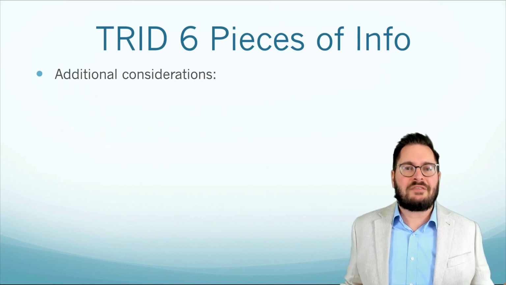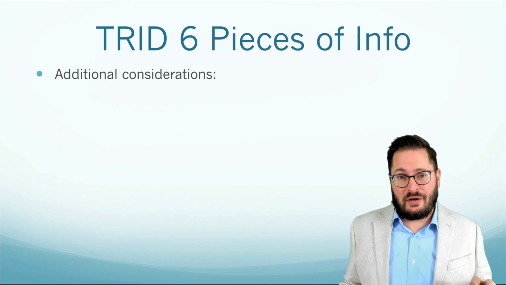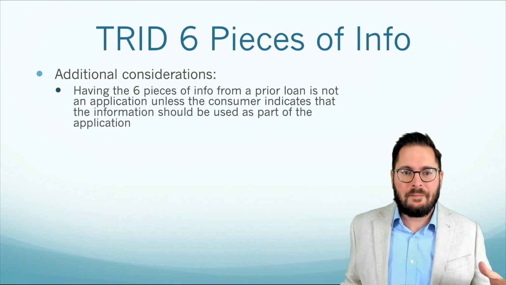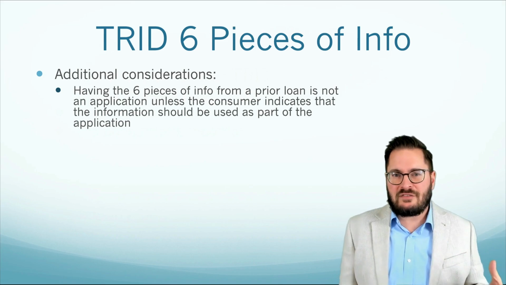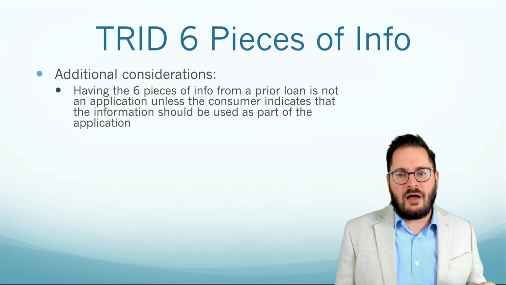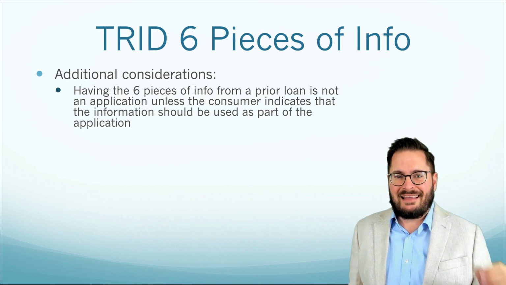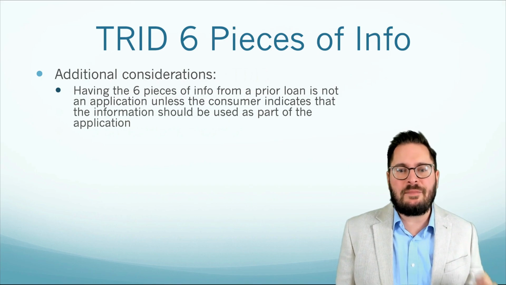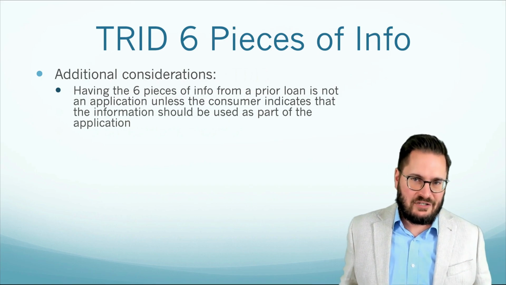Now, there's a couple of things that are included in the frequently asked question that really came to us in the summer of 2019. What the CFPB has told us is that having the 6 pieces of information from a prior loan is not an application unless the consumer indicates the information should be used as part of the application.